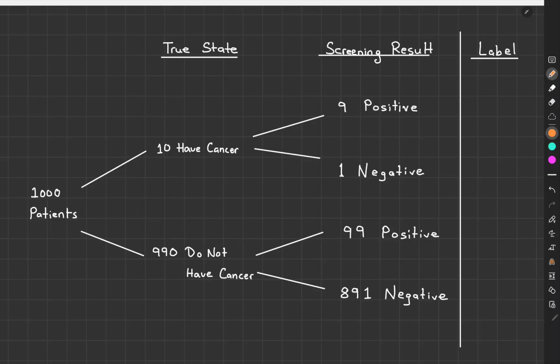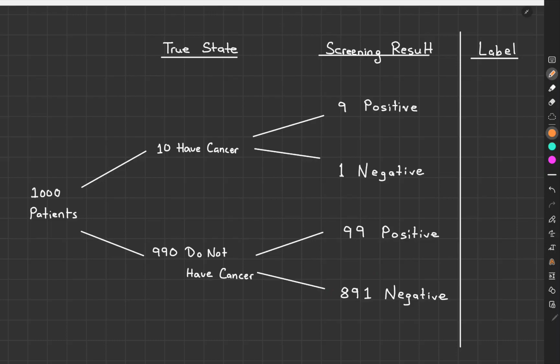Now, patients from both groups are going to get the screening test. Of that group with cancer, let's say 9 are going to be indicated to be positive, and 1 is going to have a test that comes back as negative. From your second group, the people who do not actually have cancer, 99 come back as positive, and 891 come back as negative.